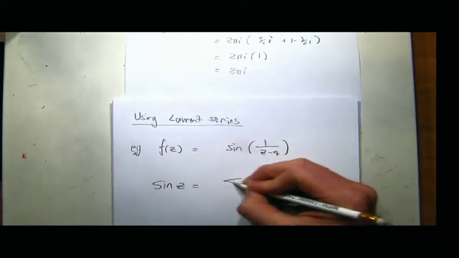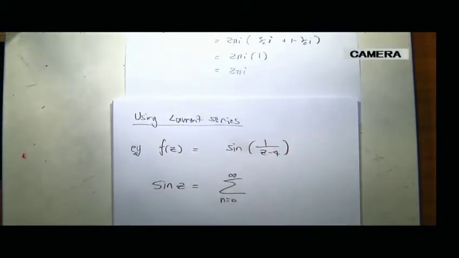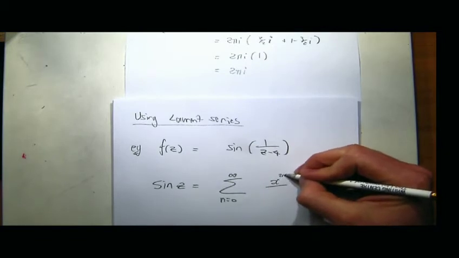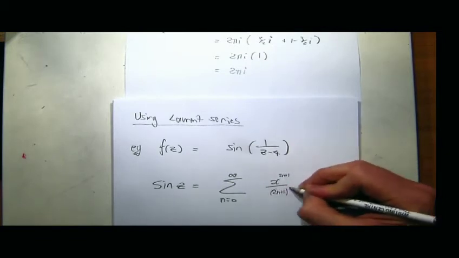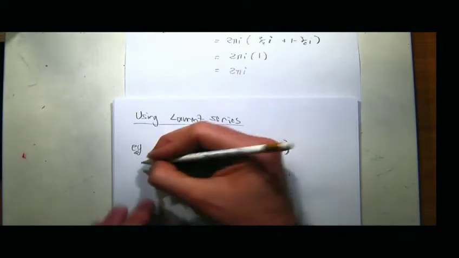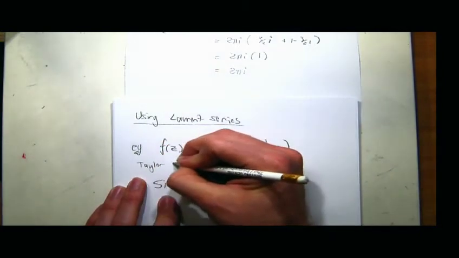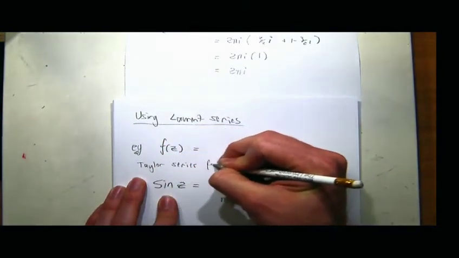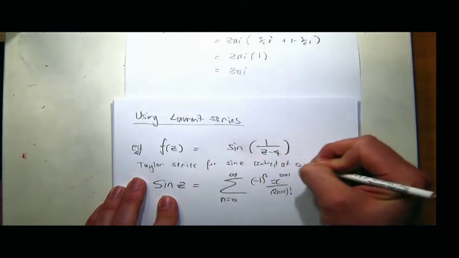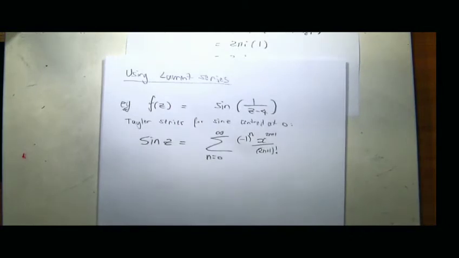Sine of z would be, let's see, it's the same as e to the x, so it's x to the something over something factorial, and it's only the odd ones because it's an odd function, and it flips between plus and minus 1. So that is the Maclaurin series for sine. In fact, I should write that: Taylor series for sine z centered at 0, possibly Maclaurin series.